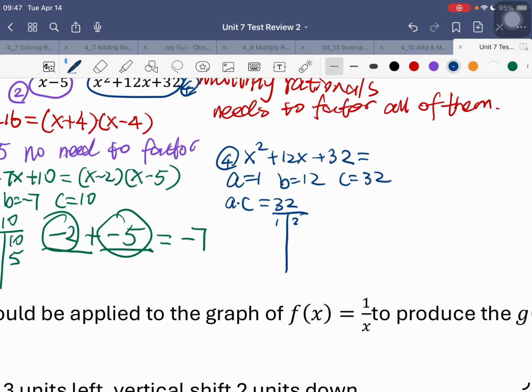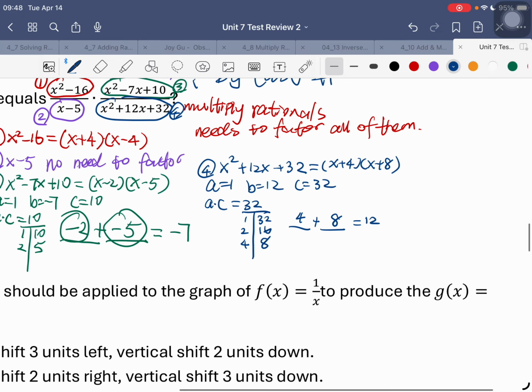So 1 and 32, 2 and 16, 3 doesn't work, 4 and 8, 5 and 6, no, none of them work except one pair. I need a pair, both positive or both negative, that adds up to b, which is positive 12. Okay, what are they? They're 4 and 8, both positive. So my factor will be x plus 4 times x plus 8.